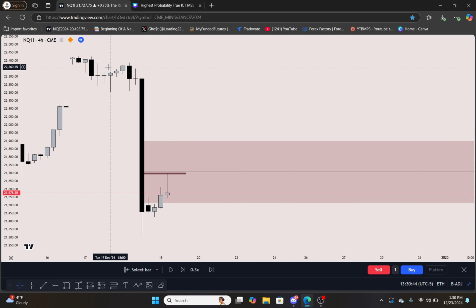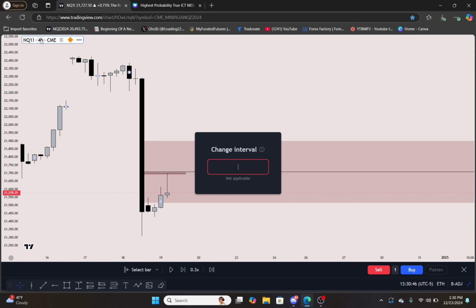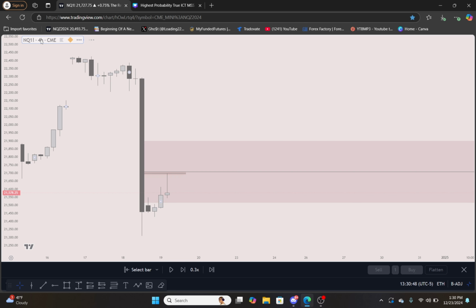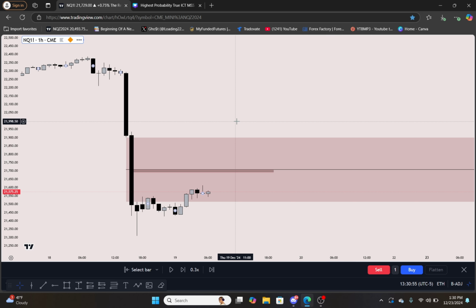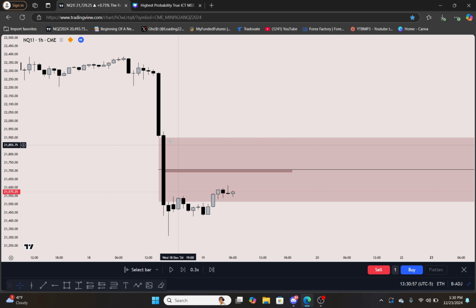We understand that the 4-hour is bearish. We understand that the 1-hour chart is bearish. Okay, so we're aligning our higher time frames. We're anticipating any bullish reactions to be solely retracements into bearish PD arrays for price to then continue lower.